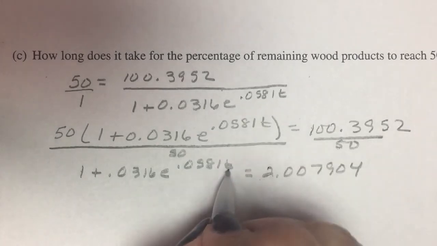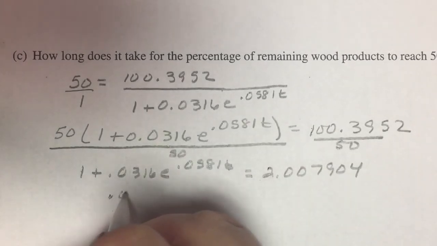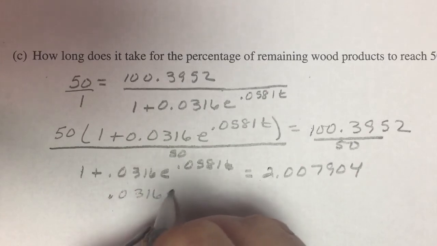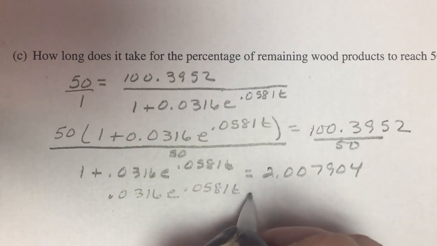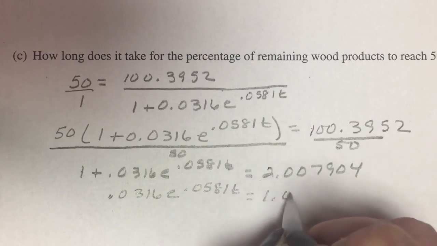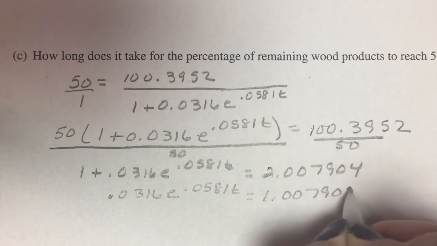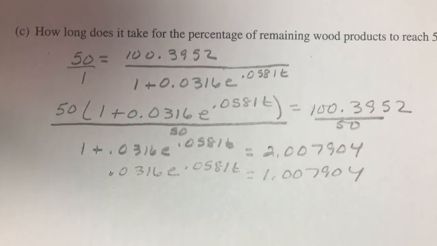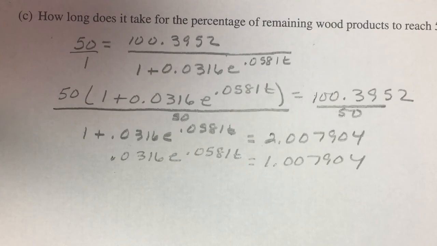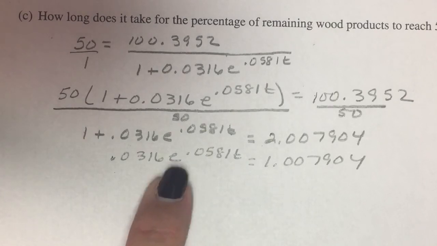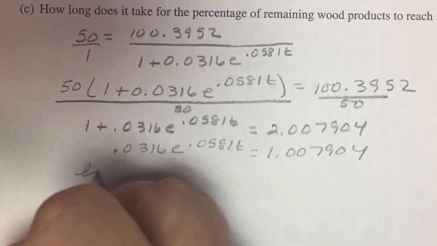Now I'm solving for t. I'm going to subtract the 1. So now I'm going to have 0.0316 e to the 0.0581 t is equal to 1.007904. We're going to take the common log of both sides. Oh, actually, no, I lied. There's an e. We're going to take the natural log of both sides.